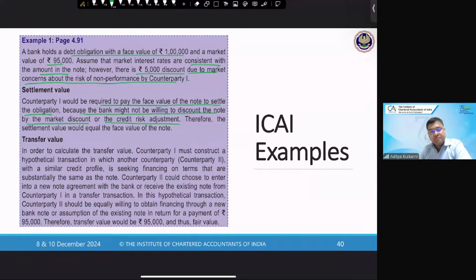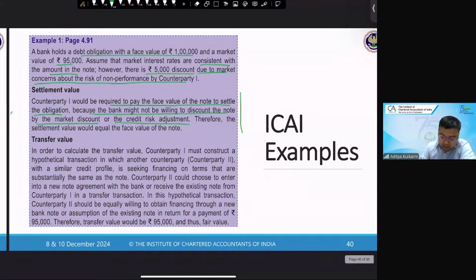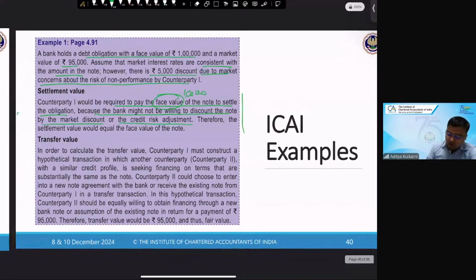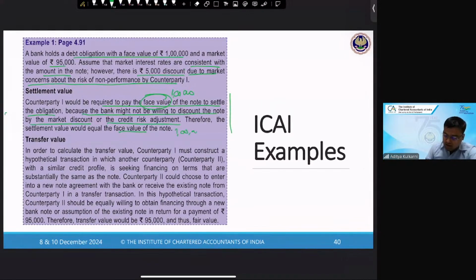Yes, sir. All clear. Okay. Now, pay the face value, that is 1 lakh, to settle the obligation, because bank is not willing to discount the note by the market discount. Therefore, settlement value would equal the face value 1 lakh.